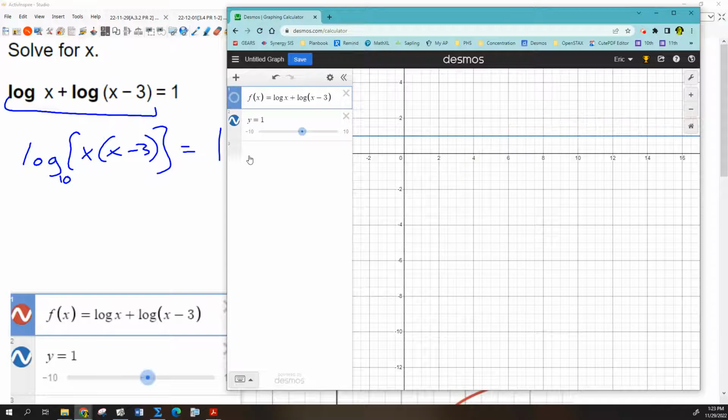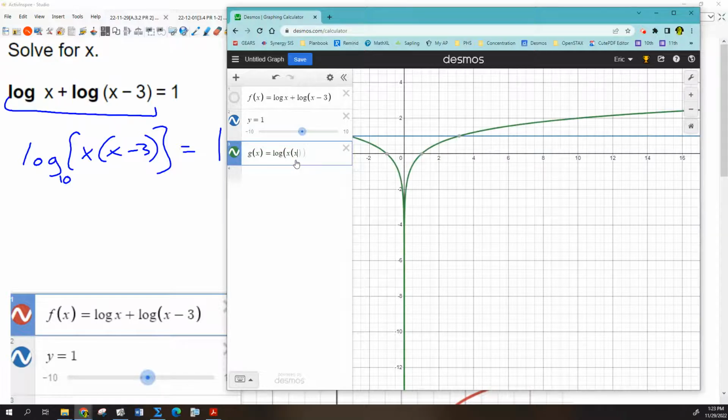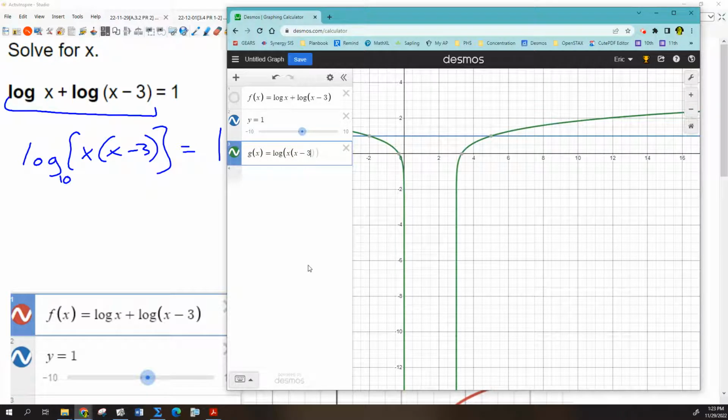So let's turn that one off and let's create a new function. G of x equals log of x times x minus 3. And what's that doing? How come that's giving us two graphs?